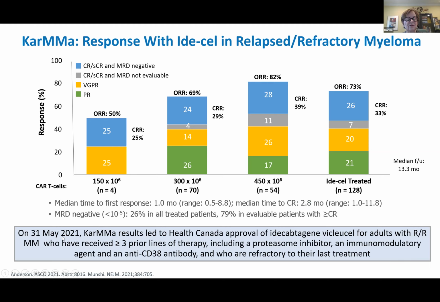And almost 2 years ago, Health Canada approved this agent for people who'd had at least 3 lines of treatment, including those 3 classes, and were refractory to their last treatment.